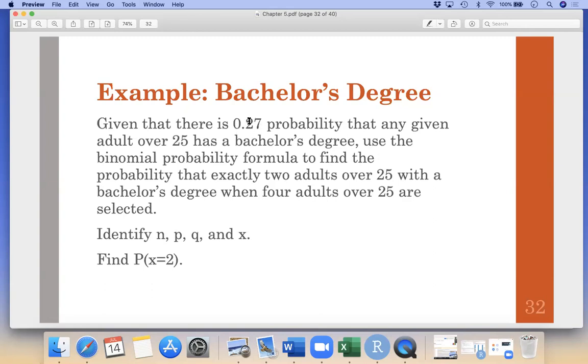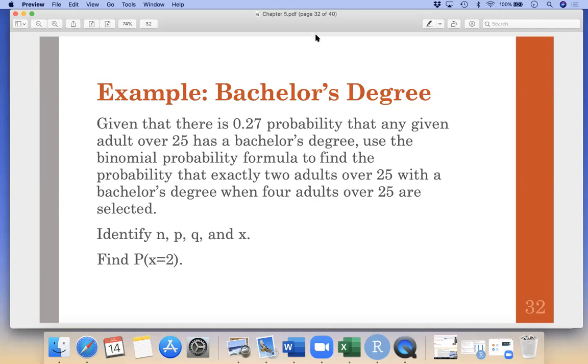So that is our probability of success, 0.27. q means 1 minus this value, 0.27. x is, here it says exactly 2, so x is 2. You want to find what? Probability of x equals 2. Okay, now we have everything.